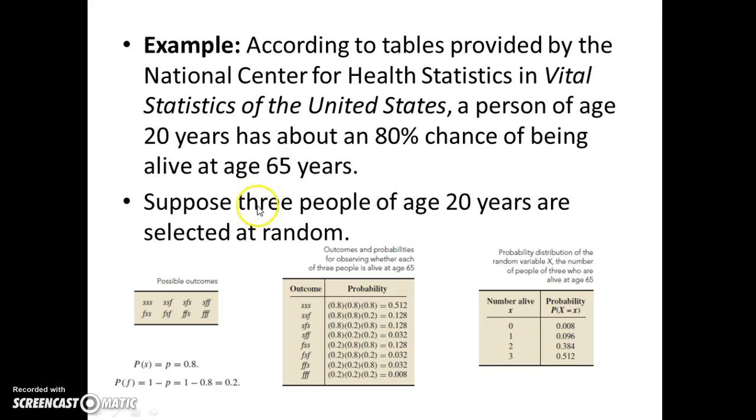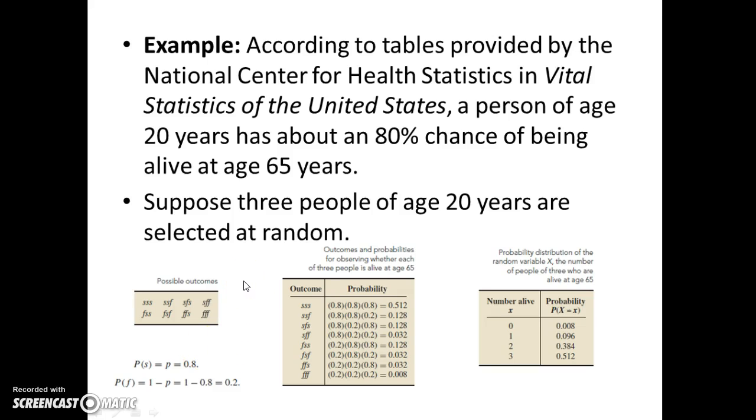When they are 65, what are the outcomes of who's alive? All 3 can be alive. The first 2 can be alive and the third dead. Or the first can be alive, the second dead, and the third alive. These are all the possible outcomes.